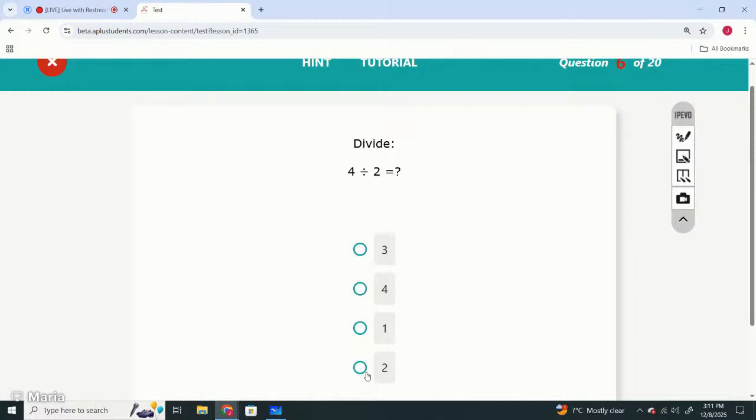Very good. The correct option is 2. Option number 4 is the correct option.